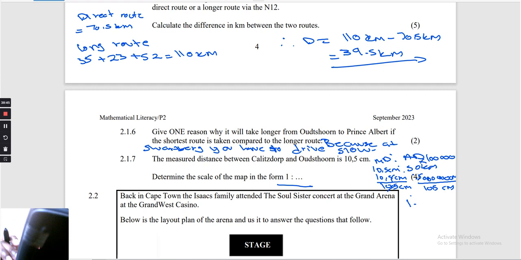So 1:2, then we say 5 million divided by 10.5, and that gives us 476 190 if we round it off. Therefore this is going to be our scale, 476 190.